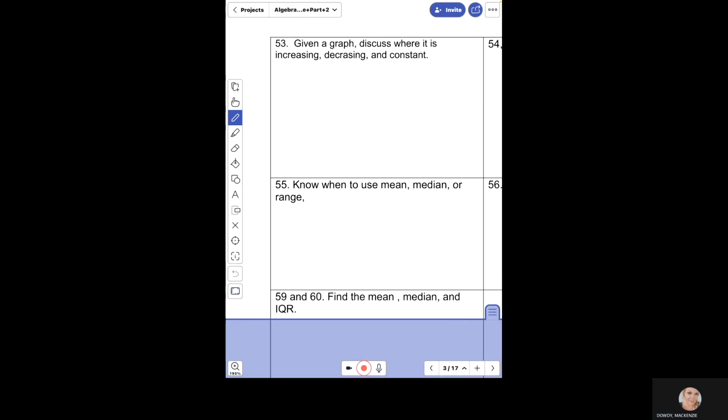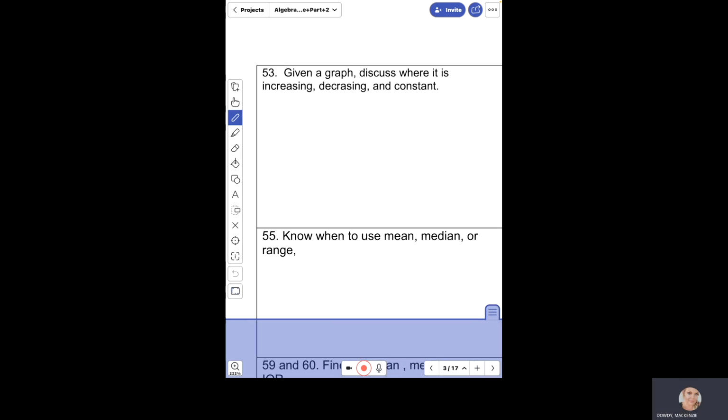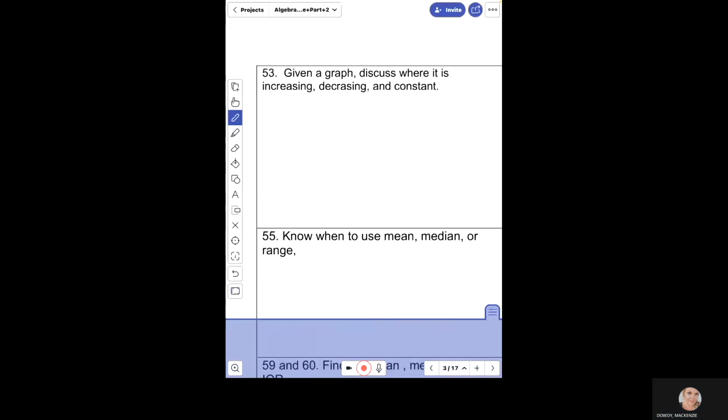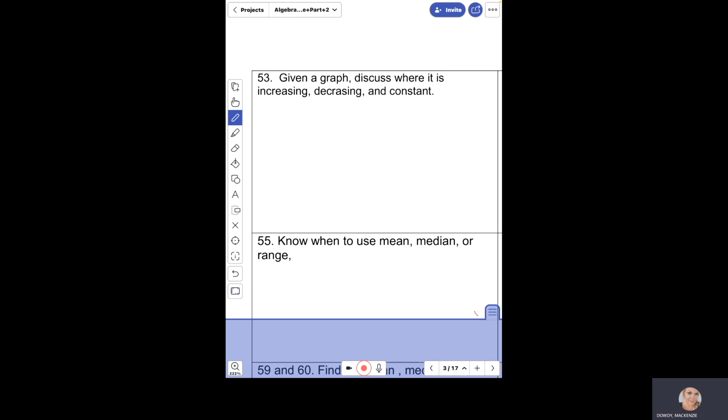53. Given a graph, discuss where it is increasing, decreasing, and constant. Okay, so increasing.